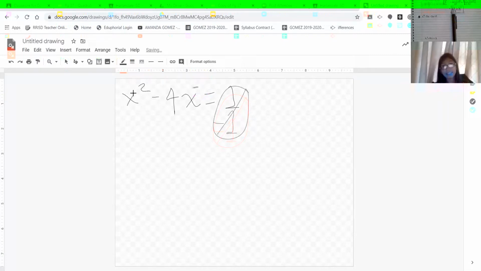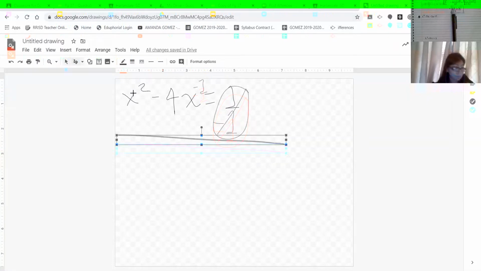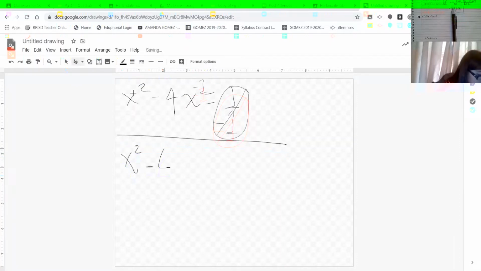Yeah, something like that. Yeah, there we go. God, that looks awful. So if I were to rewrite it, there we go. I bring it down and it would be x squared minus 4x minus 1 equals, now this time it's eliminated and it's equal to 0.